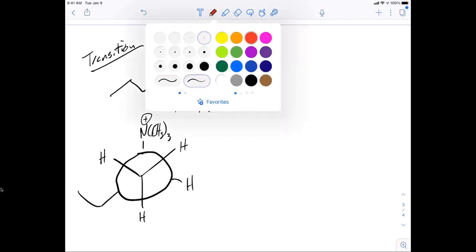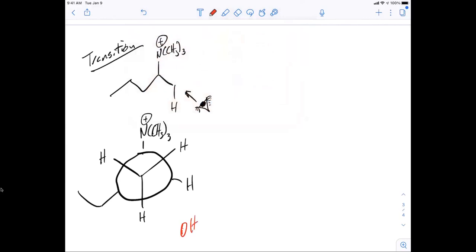So when the base comes in, I'm going to get elimination. So it has to be anti-periplanar, right?